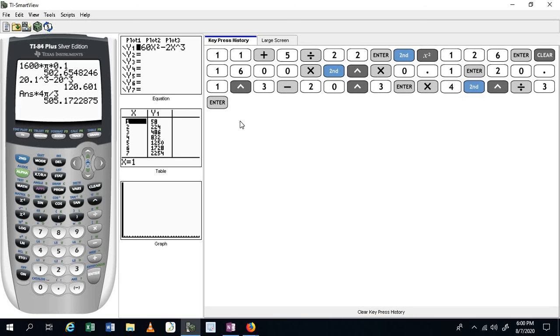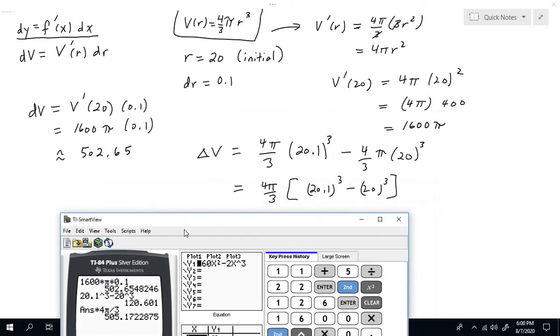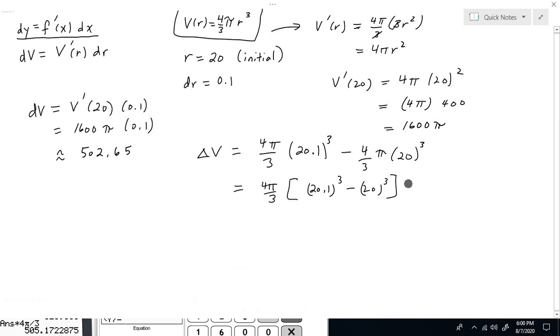It's about 505.17. So it's off by about 3 units here, roughly. And again, as long as dr is small, the smaller dr is, the better the approximation would be.